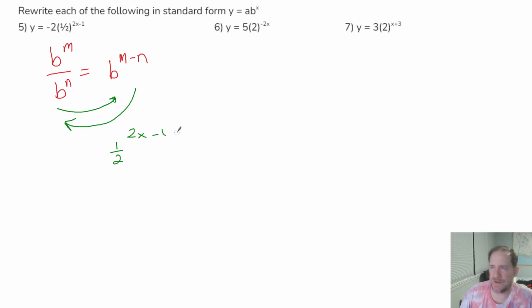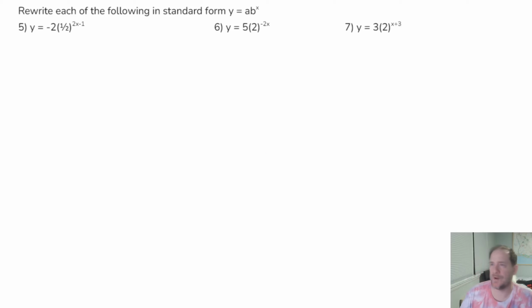Well, I see subtraction in my power. That means this must be equal to a 1/2 to the 2x divided by a 1/2 to the 1. Because again, this rule right here says that that kind of expression, you keep the base and subtract the powers. So if it works going from left to right, it has to also work going from right to left. So that's kind of the big thing to understand about these kinds of problems.